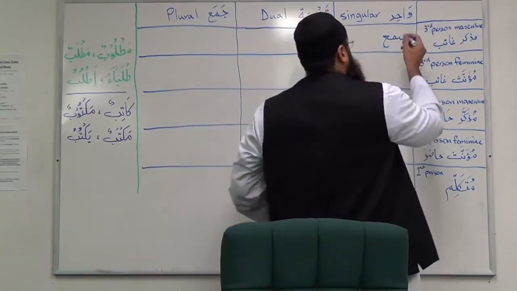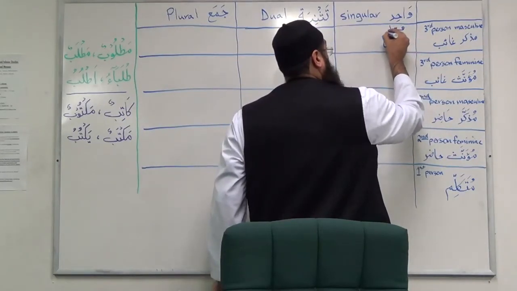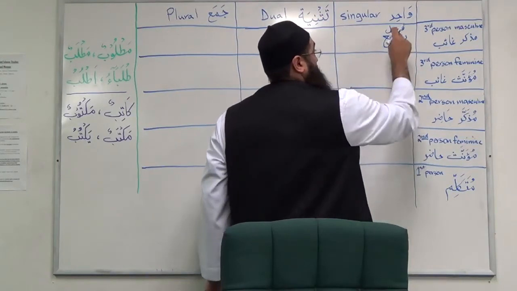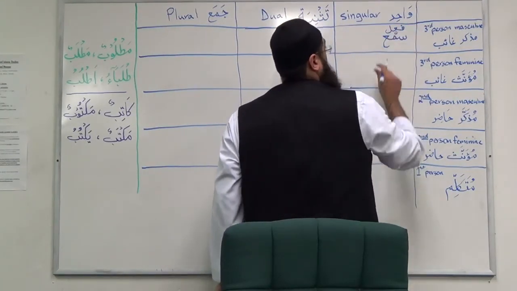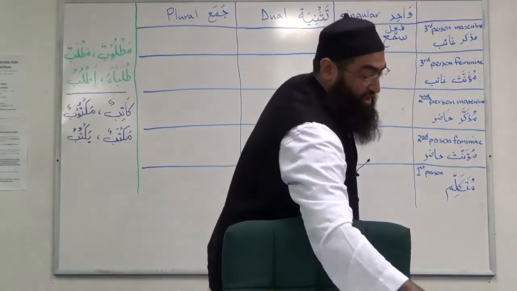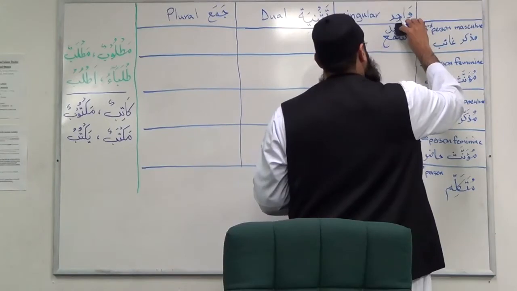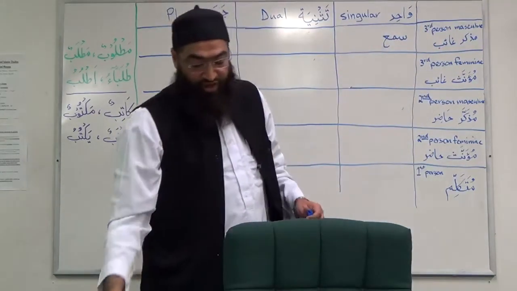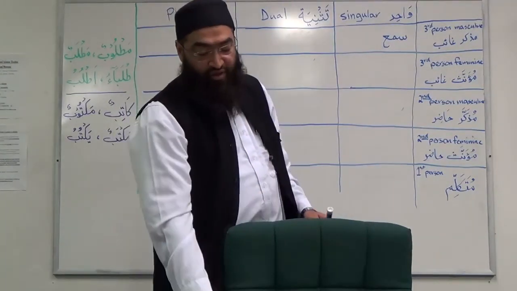For example, if we have fa'ala, the ayn position is the meme. So this is the ayn kalima, and sometimes it has a kasra. Alright? So let's do this one, and then I give you a few words.